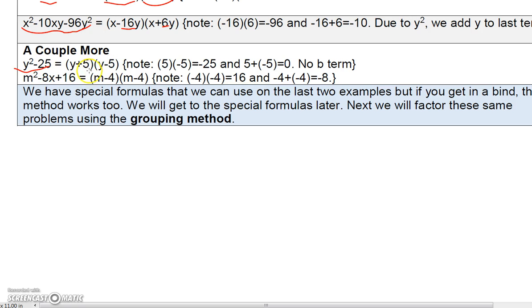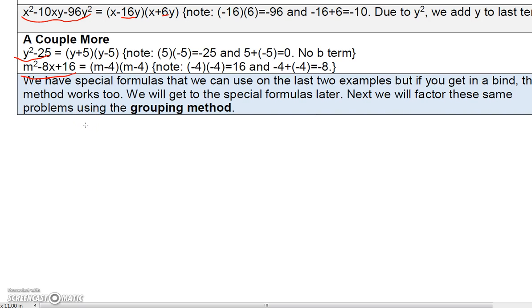So that would be y plus 5 and y minus 5. Another one, m squared minus 8m plus 16. Well, that's going to factor into m minus 4 and m minus 4, because negative 4 times negative 4 is 16, and then negative 4 plus negative 4 is negative 8. And so that's what you have there.